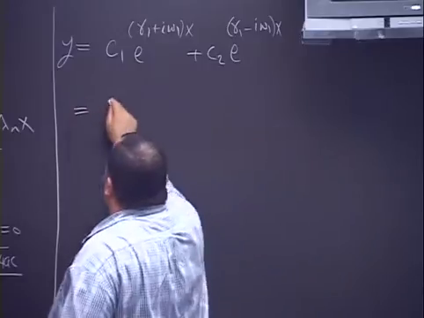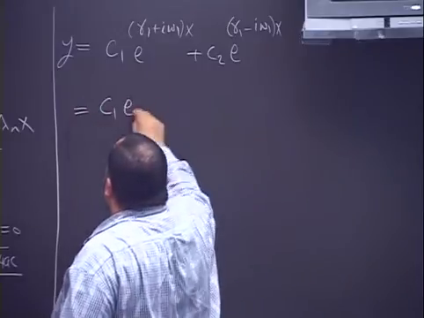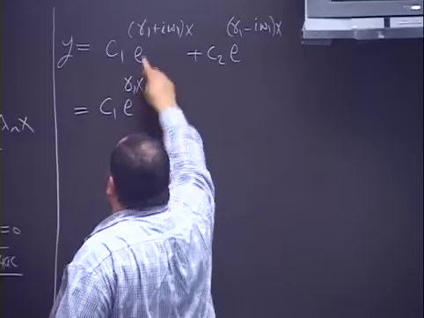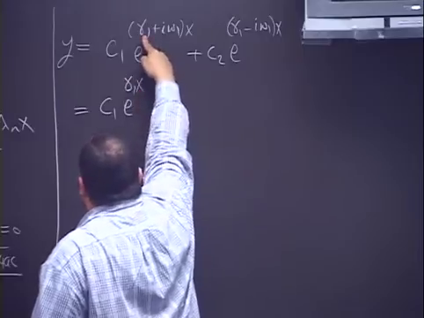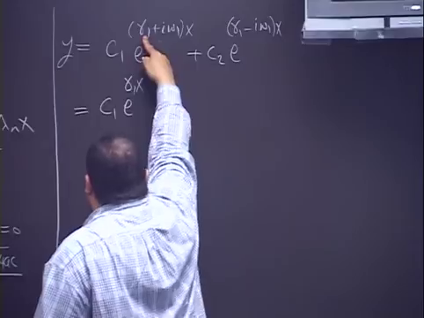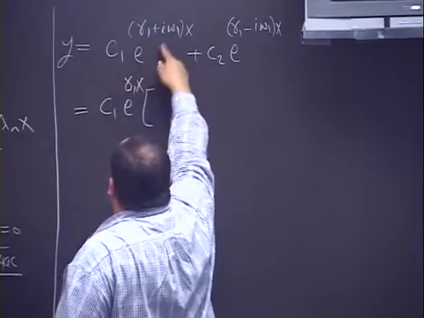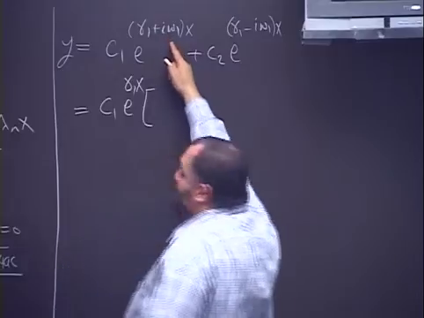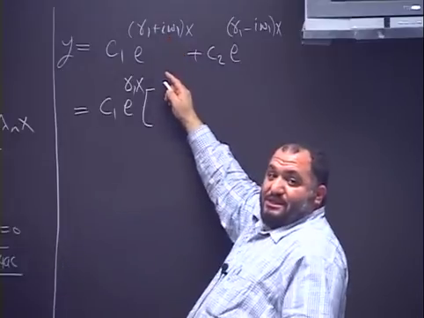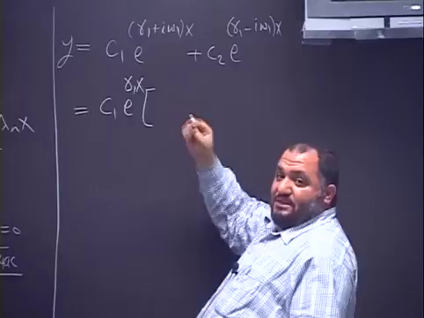So we can write c1 e to the power of gamma 1 x, which is the real component of the complex number, multiplied by e to the power of i omega 1 x, and this is a complex number.